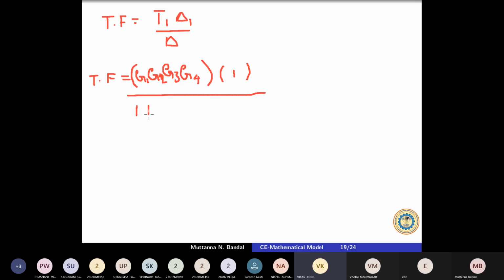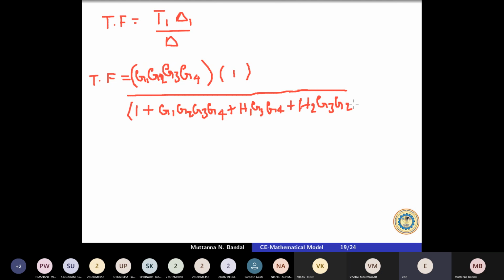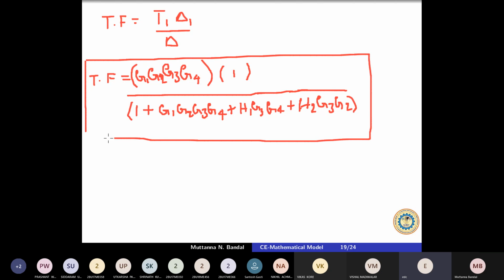No, sir. 1 plus G1, plus G1, G2, G3, G4, plus H1, G3, G4, plus H2, G2, G3. Okay, so this becomes the transfer function for that signal flow graph.